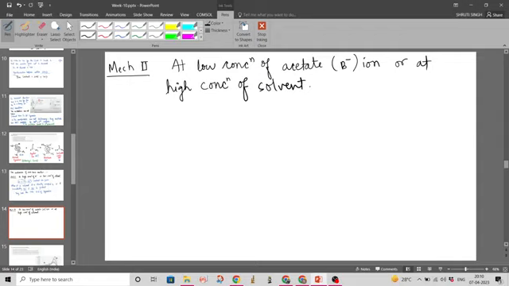in the second mechanism, when there is low concentration of the acetate ions, which is the same as the high concentration of the solvent, here the mechanism of proton transfer is a little different. So here first we have this ROD plus B minus.